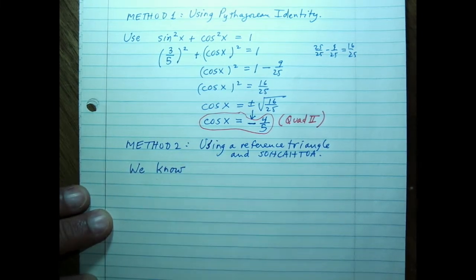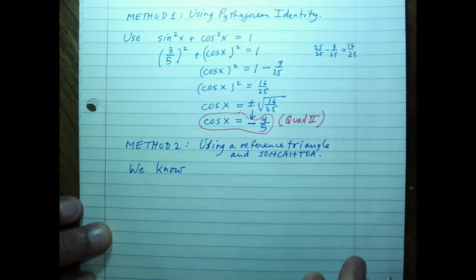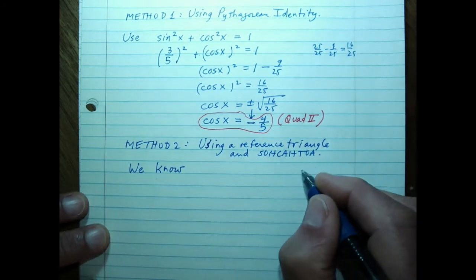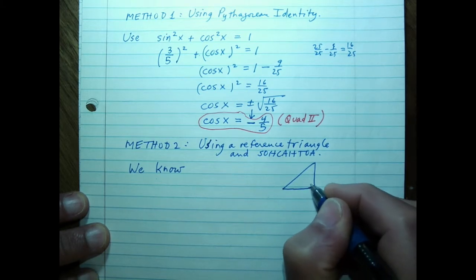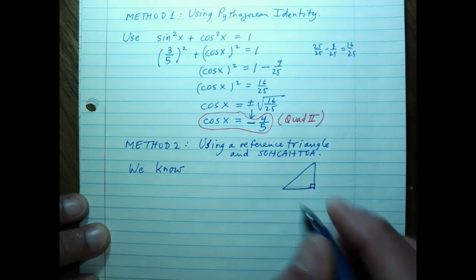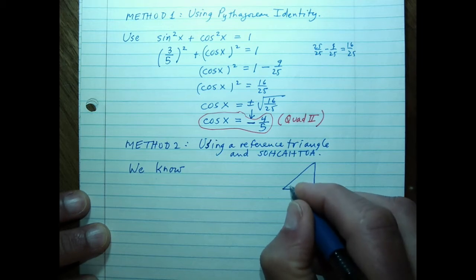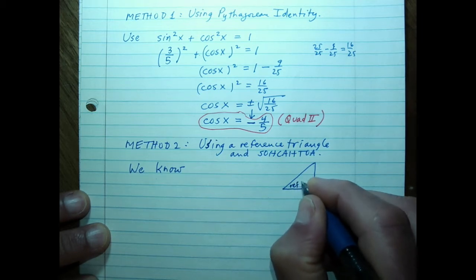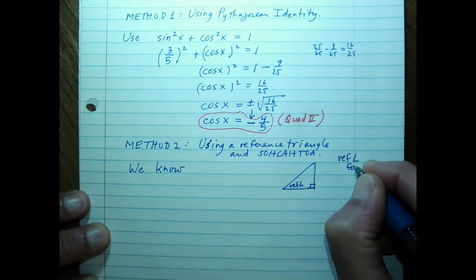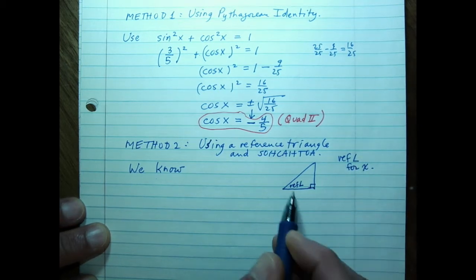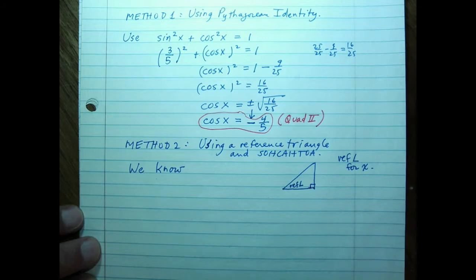So we know, well, first of all, before I fill in what we know, I just want to say we're going to work with the right triangle. Draw my right triangle right here. And the right triangle that we're working with, I'm going to say, has the reference angle for x as one of its acute angles.